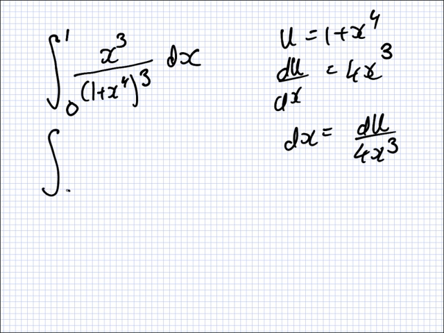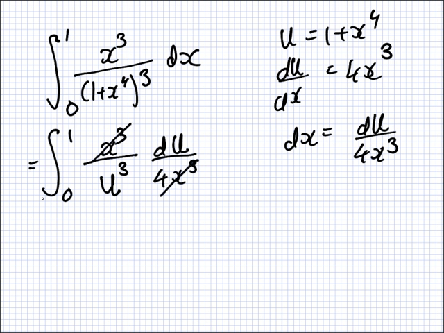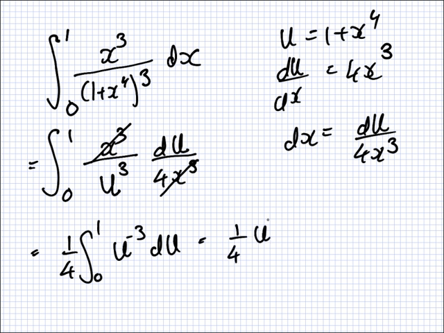So this becomes the integral from 0 to 1 of x cubed over u cubed, times du over 4x cubed. Cancel, cancel. This now becomes 1 over 4, integrate 0 to 1, u to the minus 3 du, which equals 1 over 4, u to the minus 2 over minus 2, 0 to 1.